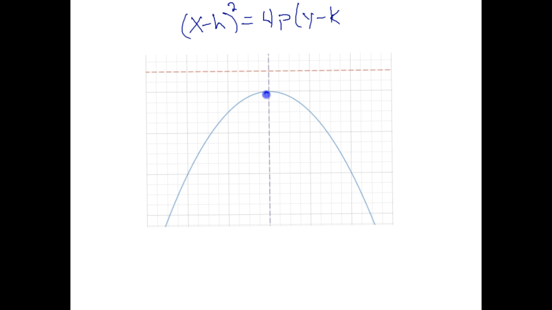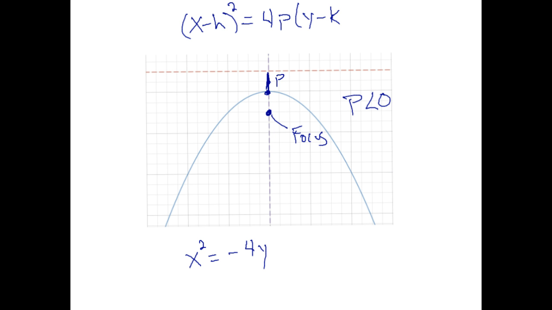So hk is still our vertex, and this distance here is still p, and the distance from here to the focus is still p, but the difference is p is less than 0. So we have a p that is a negative 1 in this case, and this function right here is in fact x squared equals a negative 4y. And so p is a negative 1, h still 0, k still 0.